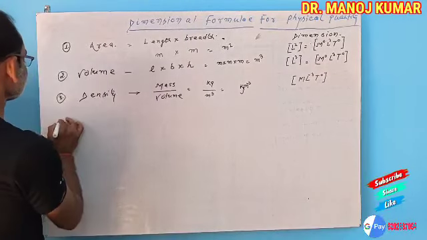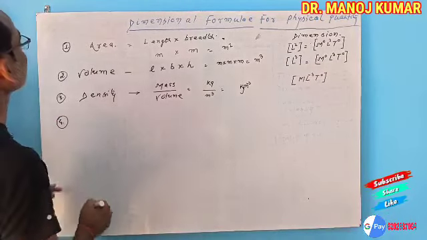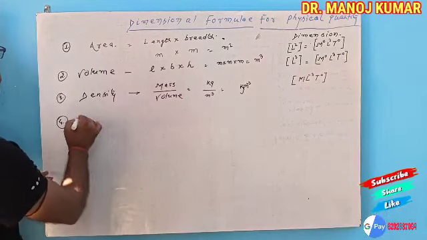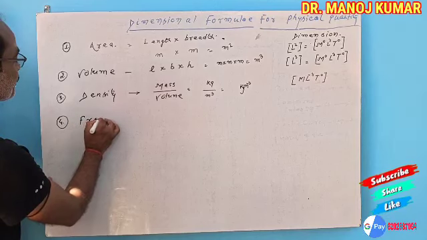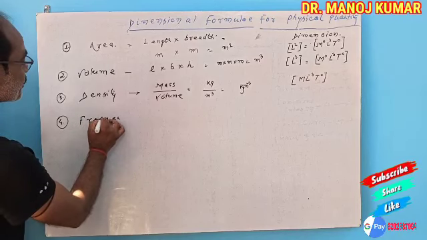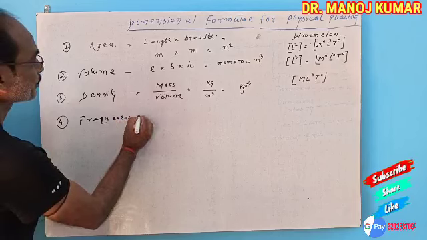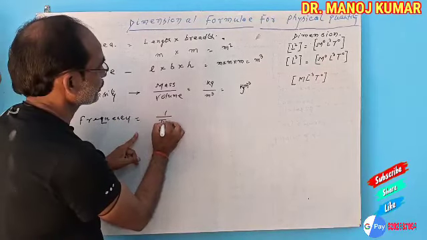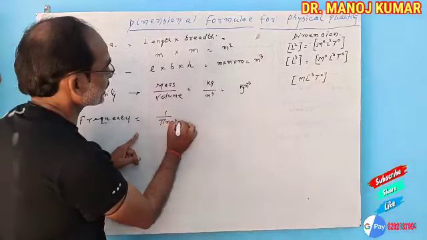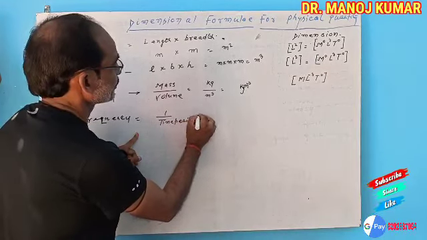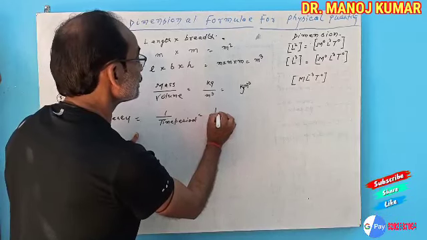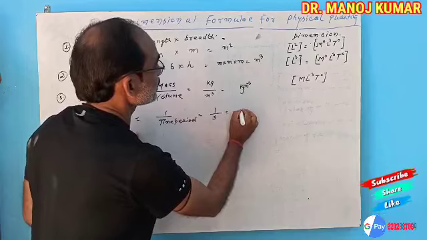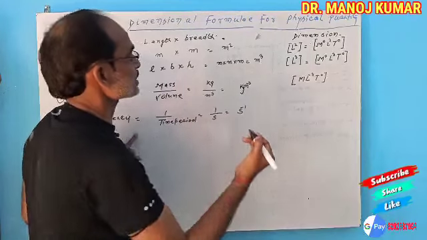Frequency, a very important physical quantity. Frequency equals 1 upon time period, that is 1 by S, per second.